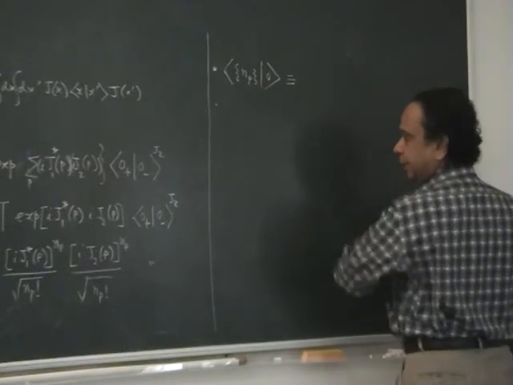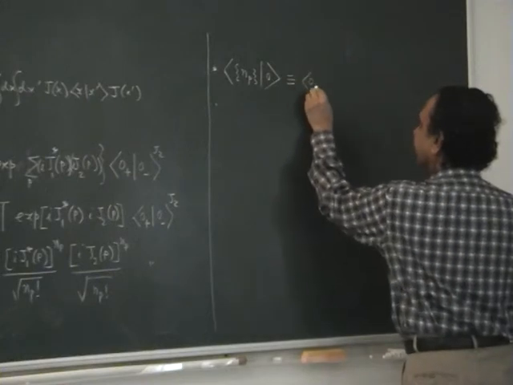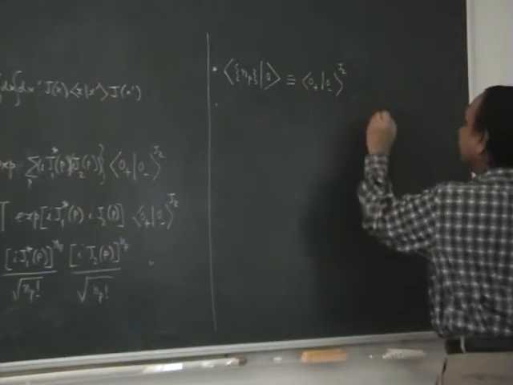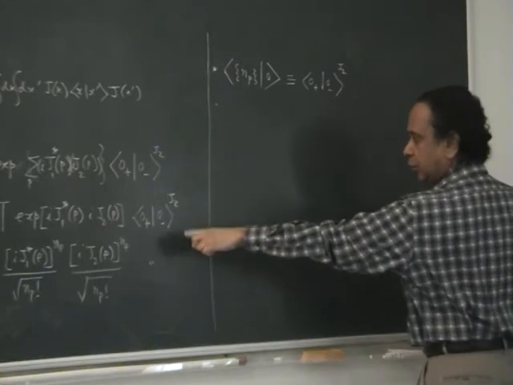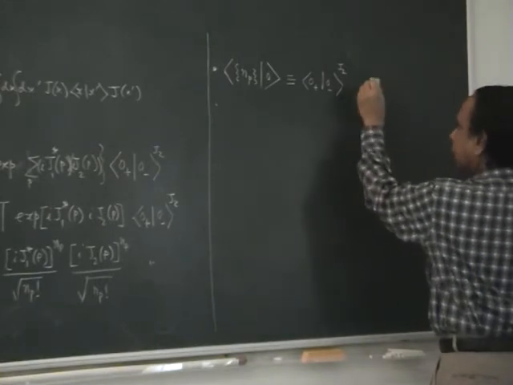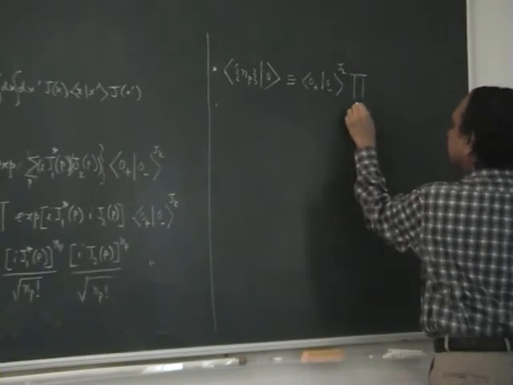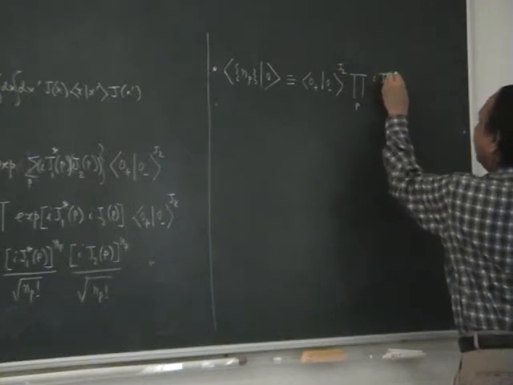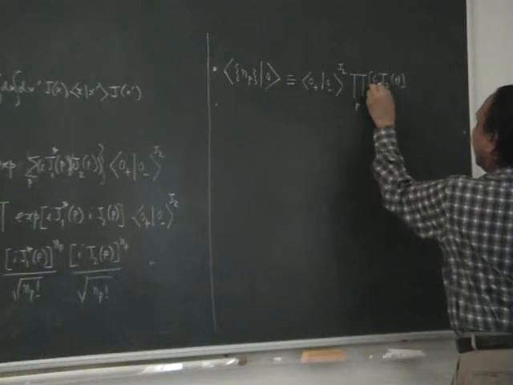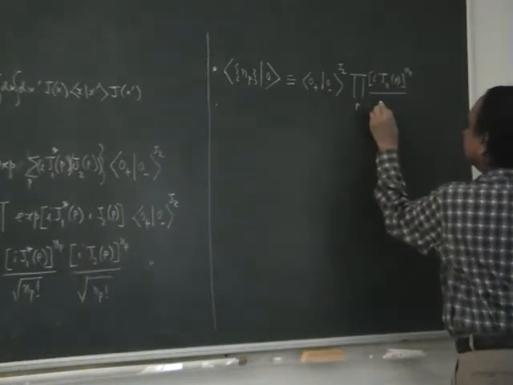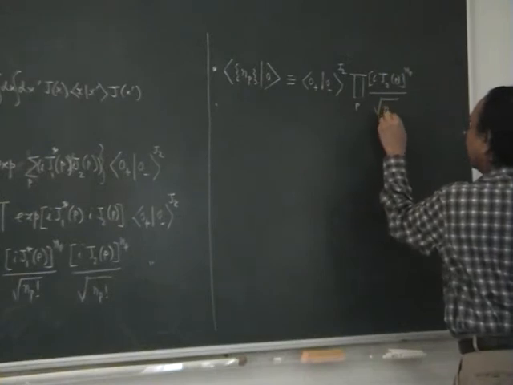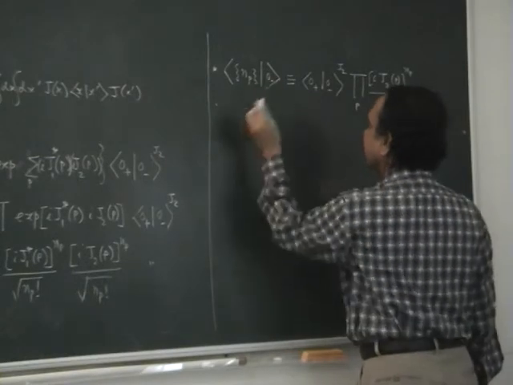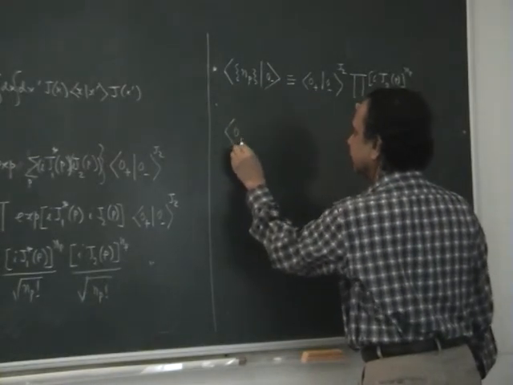This we will define to be, with this normalizing factor where nothing happens, G2 times this object here, which is the product over P of I J2 of P to the power NP upon square root of NP factorial.